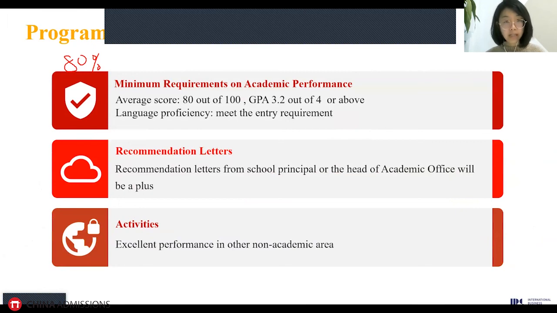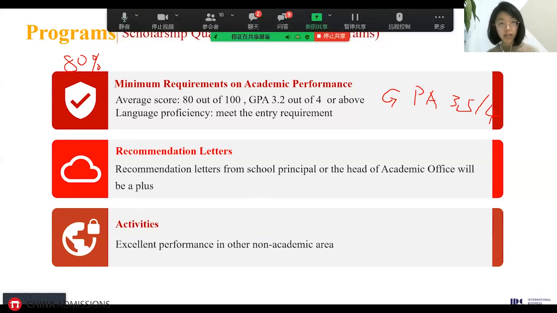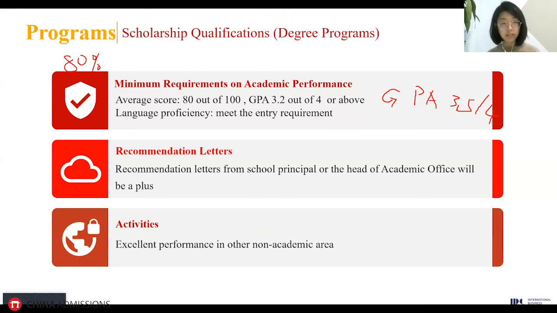If your GPA is about 3.2 out of 4, you are able to apply for the scholarship. And normally, if your GPA is about 3.5 out of 4, you can get a 100% scholarship. Because you may have a different study system, you can just send me your transcript, then I will check and tell you how many percent you will get. So it's much easier.